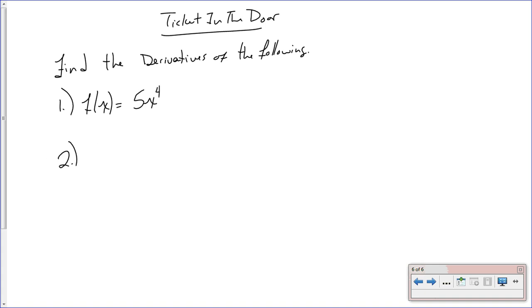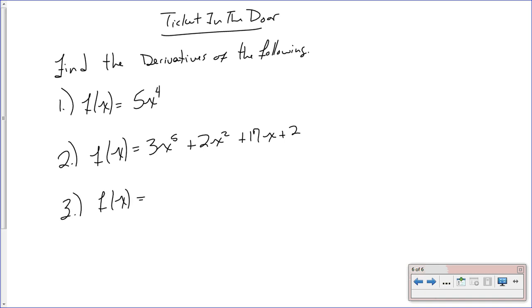Number 2, f of x equals 3x to the 5th plus 2x squared plus 17x plus 2. And number 3, f of x equals 2x cubed minus 3x plus 4x to the 4th.